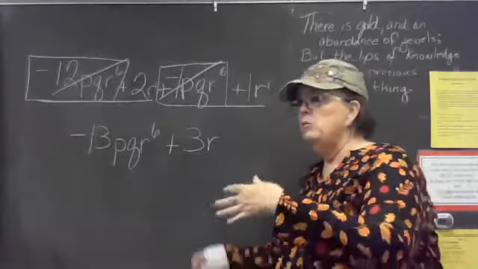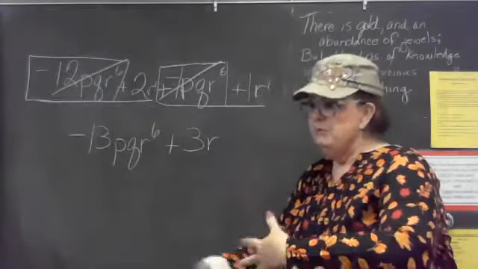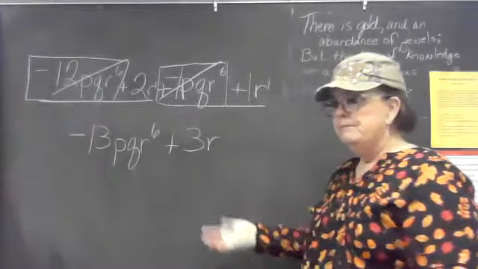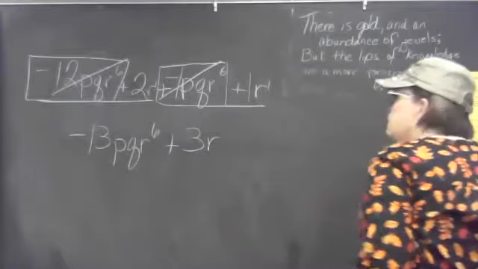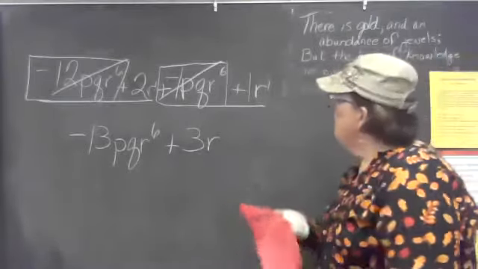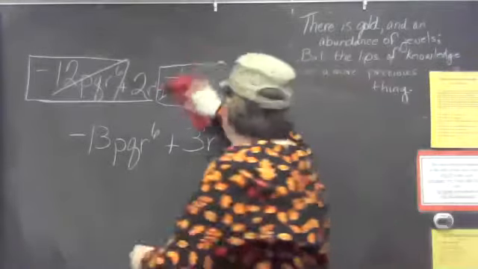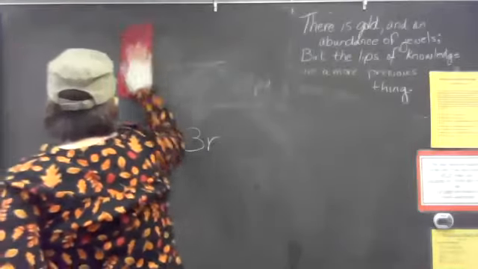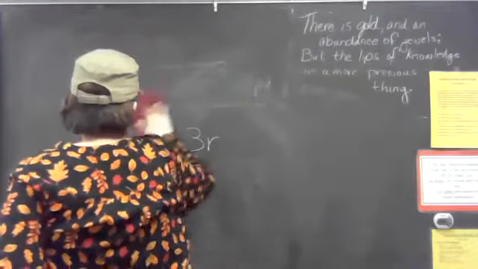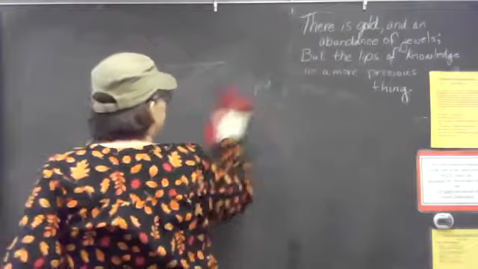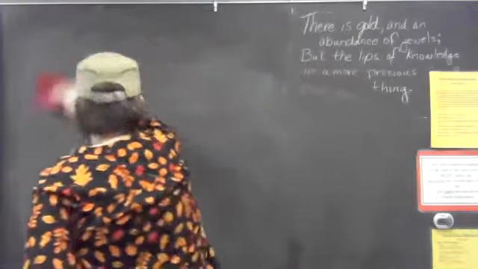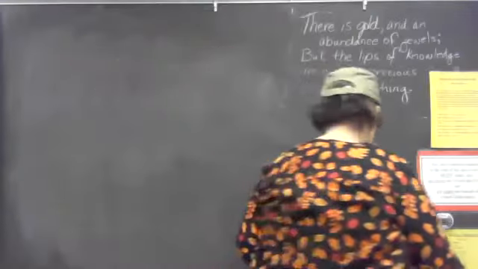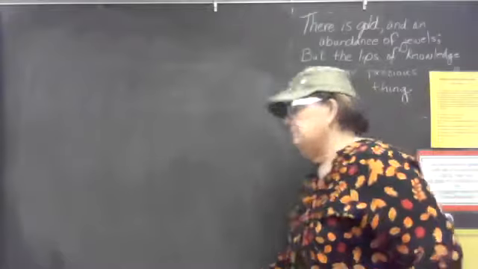So are you guys okay with this? We're going to do some more examples, but are you okay with this? Okay. Now, I'm going to do another one where we're going to add polynomials, but you will probably see the separate polynomials, instead of separated by a comma, they will have parentheses.